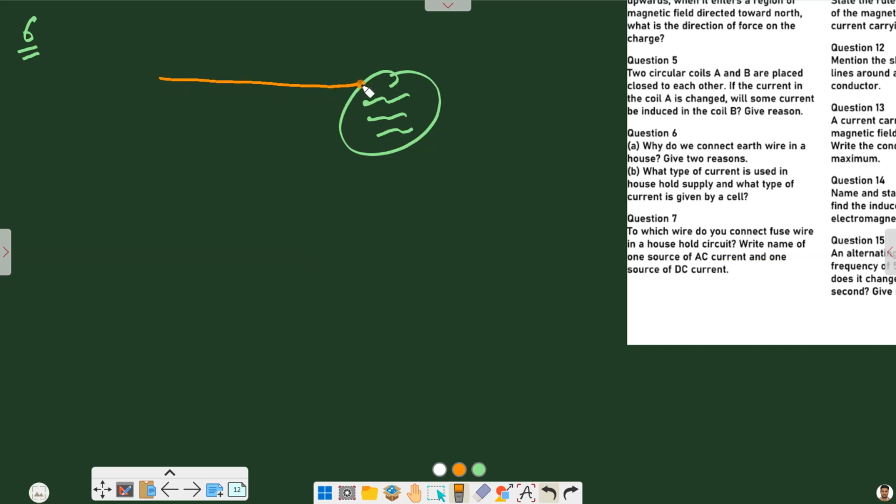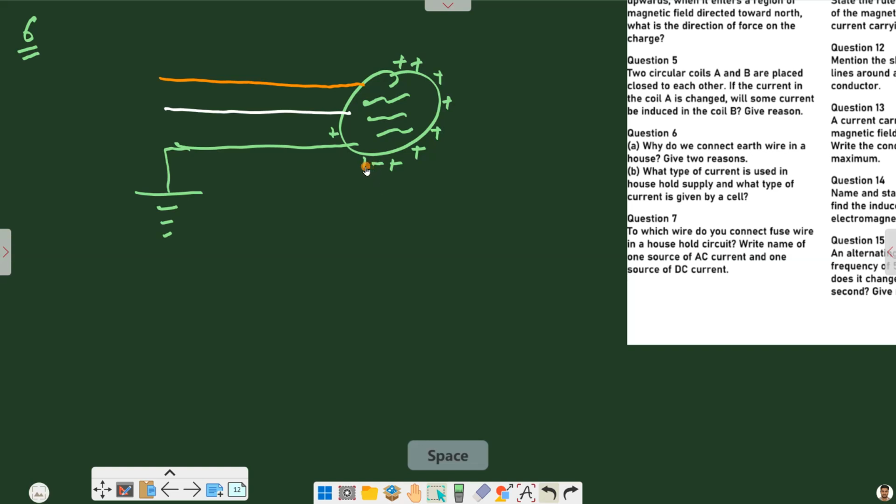Suppose this is your electrical instrument and it has some wires inside. This is our mains wire, this is our neutral wire, and this is our earth wire. If some short circuit happens in the instrument and the instrument's entire body gets some current, then this green wire, which is connected further to earth, gives this current a path to move into the earth.